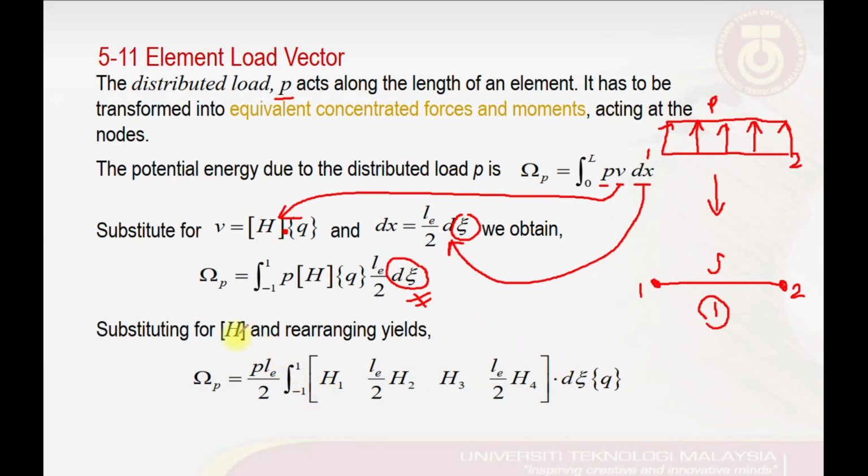If we substitute for H and rearrange the equations, we get a new expression for the potential energy as a function of the Hermite functions, with everything written in the natural coordinate system.